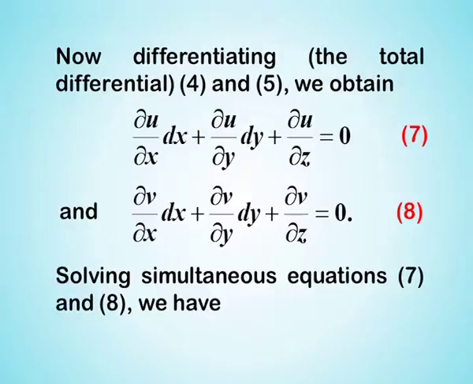These two equations 7 and 8 are simultaneous equations that you can see written below. Solving simultaneous equations 7 and 8, what we are going to have from this is this one. We solve it like this, the same simultaneous equation which you used to solve in elementary classes as schoolwork or classwork.